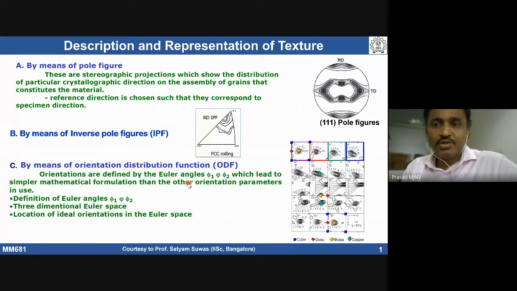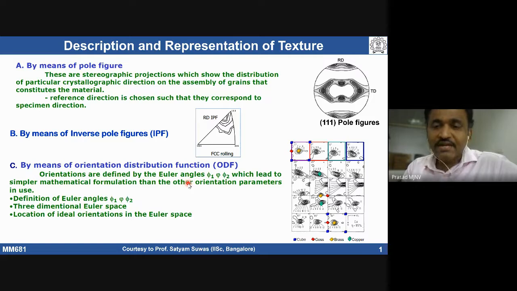Especially in polycrystalline materials, we have grains of different orientations. During some processes, we may see evolution of crystallographic texture. Preferred orientation may evolve due to processes such as solidification, plastic deformation, recrystallization, and thin film deposition. So many processes can induce textural change.